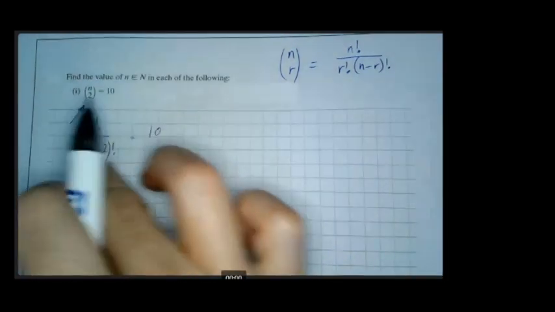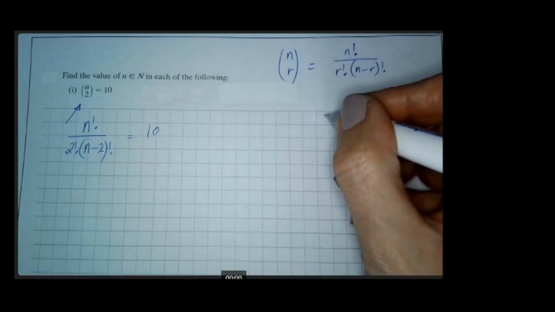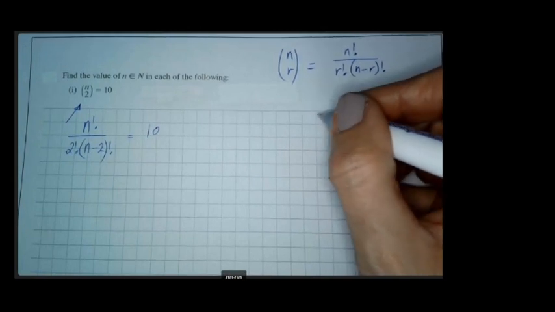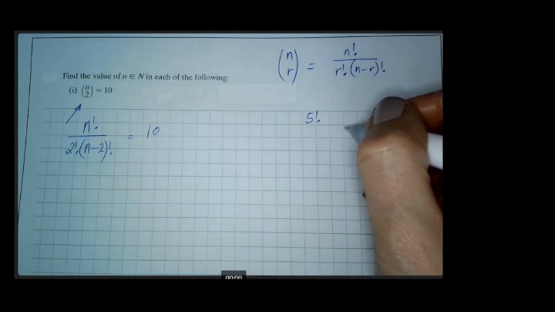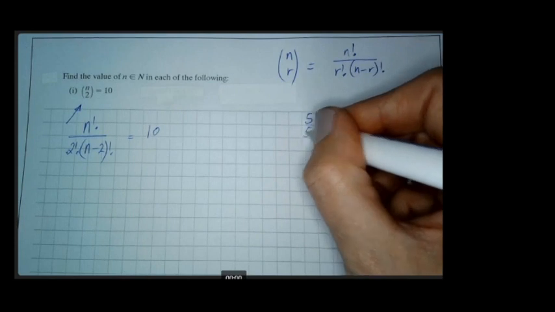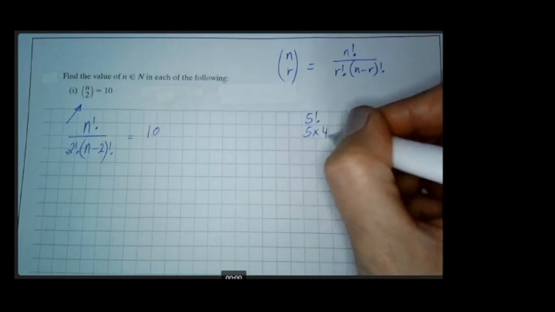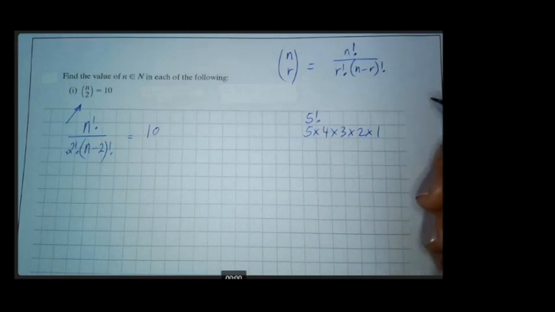So before I jump into this bit here, I just want you to think back to a simple numerical example. Like, say you had 5 factorial. Let's remind ourselves what 5 factorial actually is. It is 5 times 4 times 3 times 2 times 1, isn't it? That's the calculation.